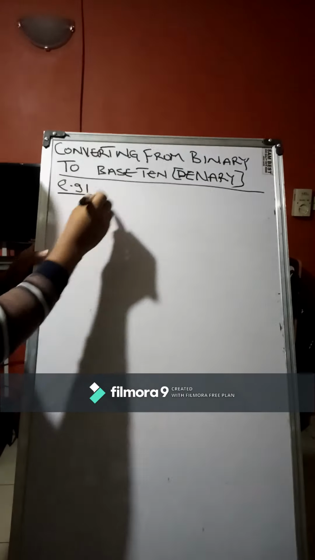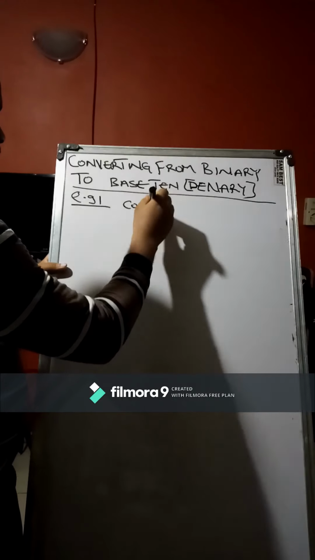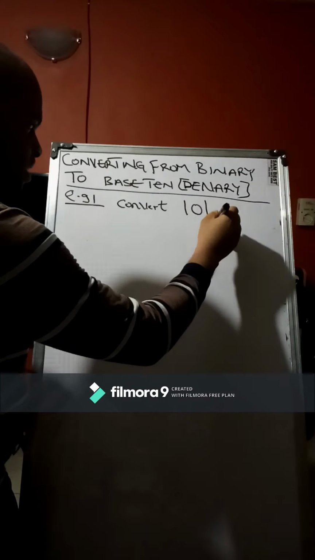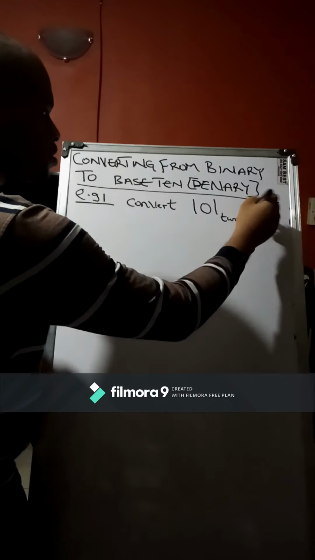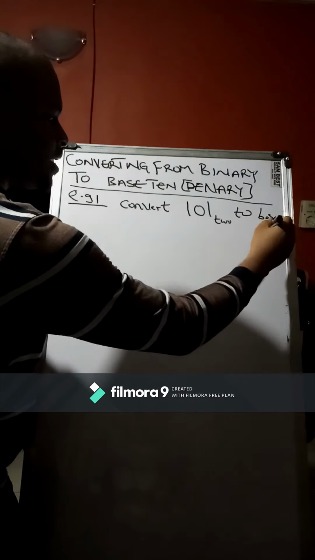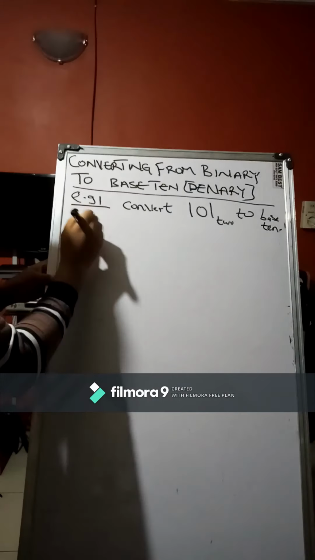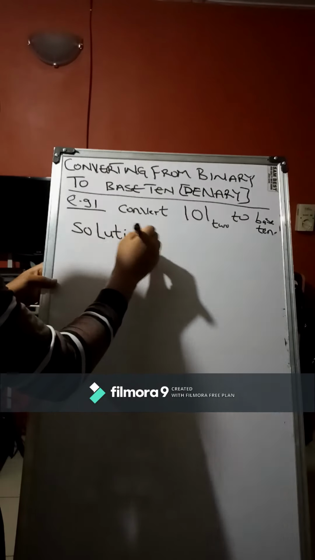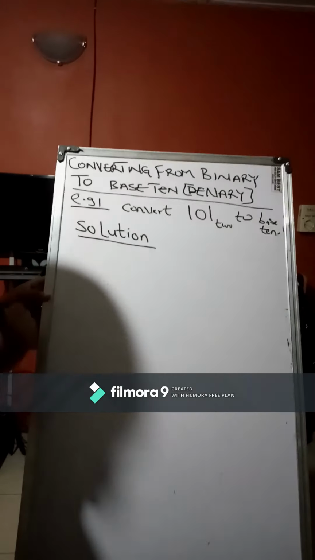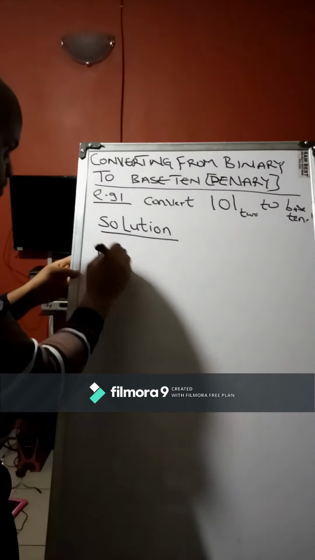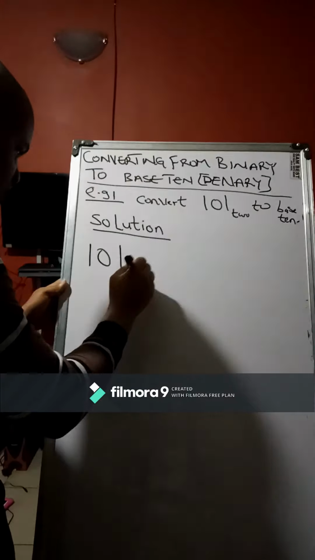Example 1. Convert 101 base 2 to base 10. Solution. Remember when we are looking at place values, we wrote out our number in base 2 and we expanded it.